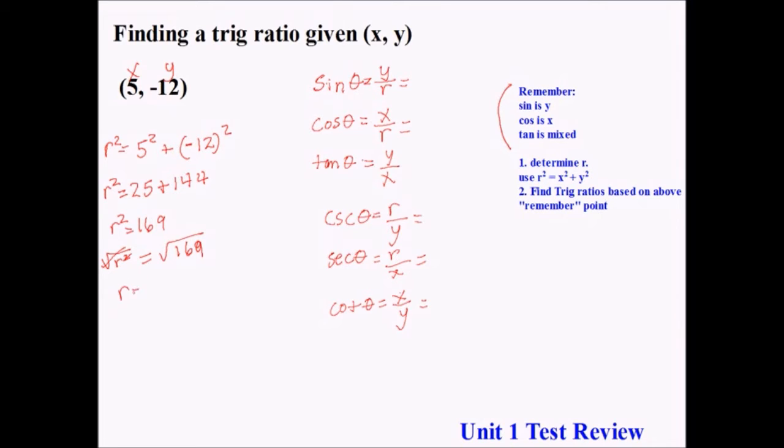And you're left with r equals 13. So you can figure these out right here. You just basically got to plug in. So y over r is going to be negative 12 over 13. x over r, so it's going to be 5 over 13.